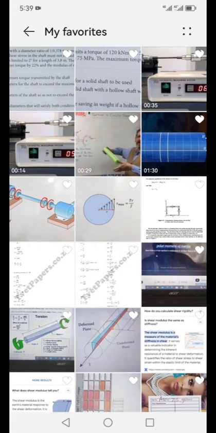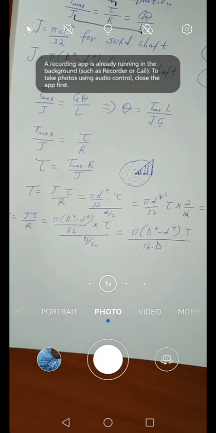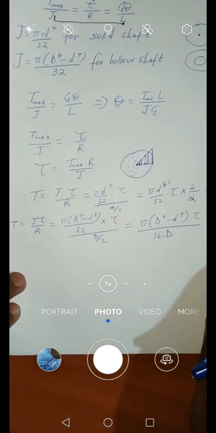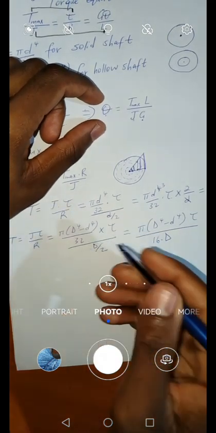Then from there, maybe you can also check the one for calculating theta. Already I've made theta the subject of the formula here.